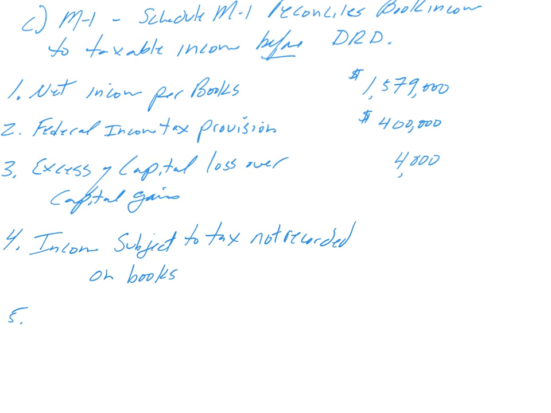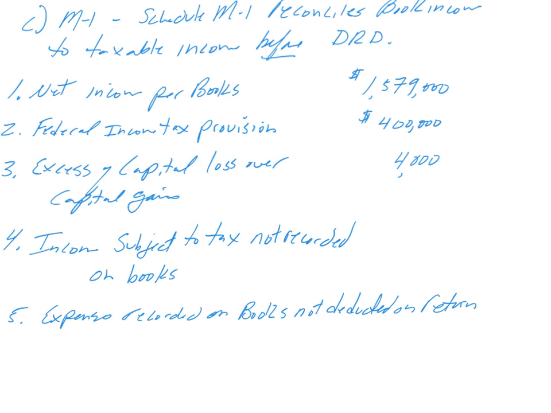Okay, so item 5 is a whole category of things, and these are expenses that are on the books that are not deducted on the return. And so what are we doing there?